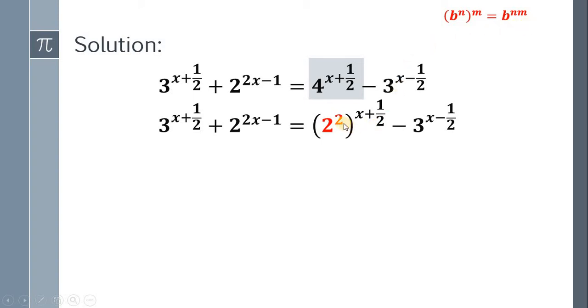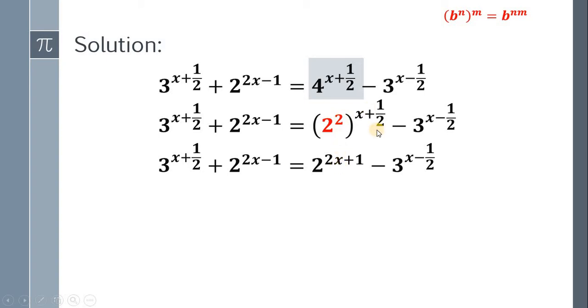So we need to multiply 2 by x plus 1 half. So it will become 2 multiplied by x should be 2x, and then 2 multiplied by 1 half will give us 1. So our equation now becomes 3 raised to x plus 1 half plus 2 raised to 2x minus 1 equals 2 raised to 2x plus 1 minus 3 raised to x minus 1 half.